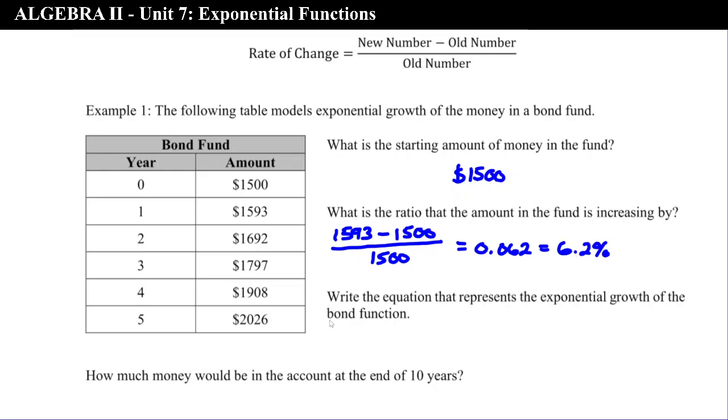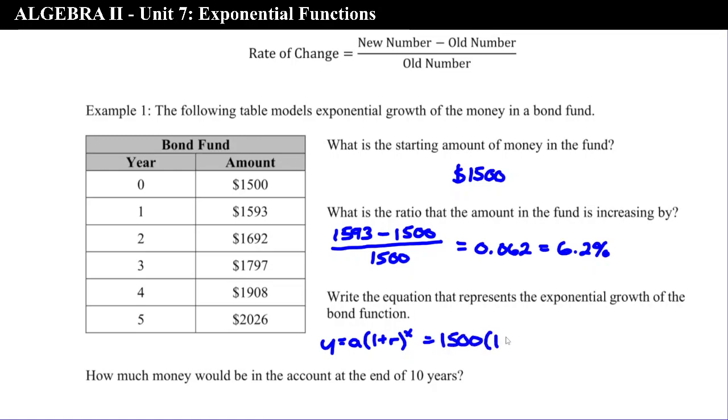We're going to write the equation right here. Remember, the form is y equals a times 1 plus r to the x. So what is our initial value? It's 1,500. That's our a.